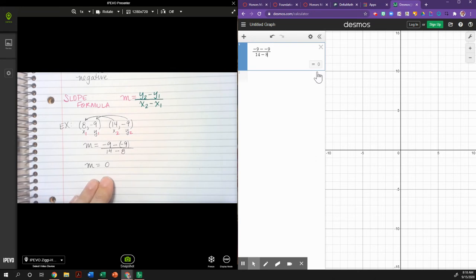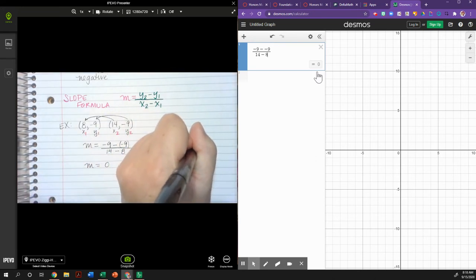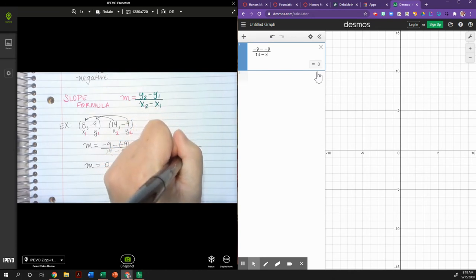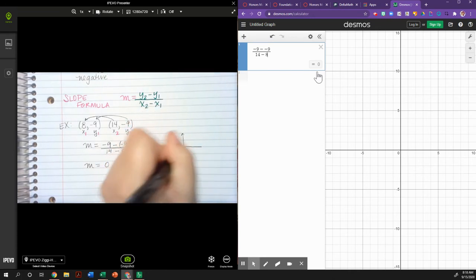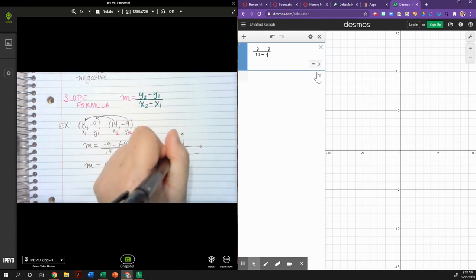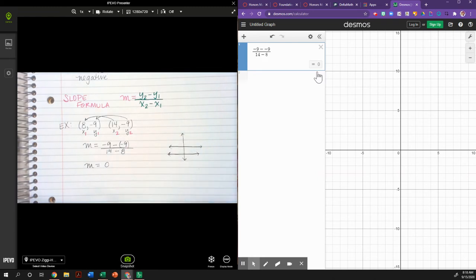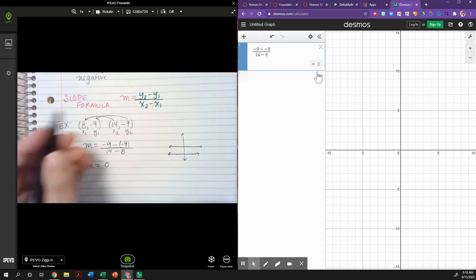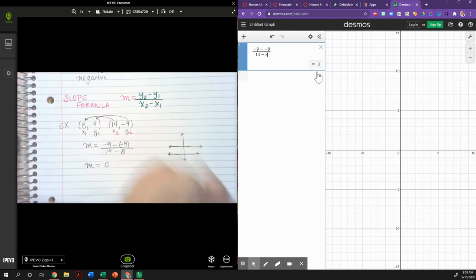And that's okay. The reason the answer is 0 is because if we were to plot the points, the line would be horizontal, and it would be down here because the points are (8, -9) and (14, -9).